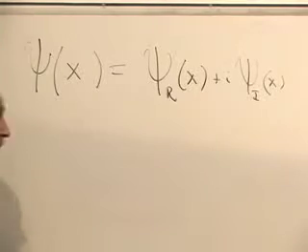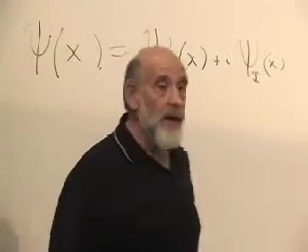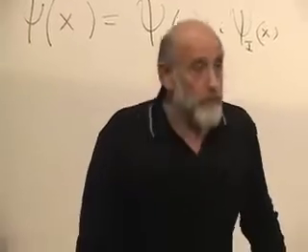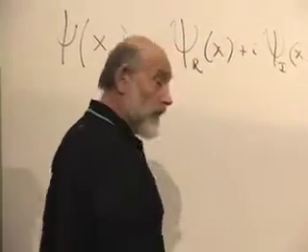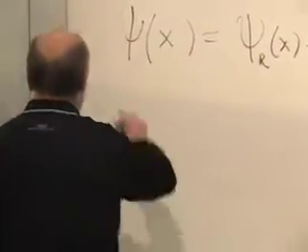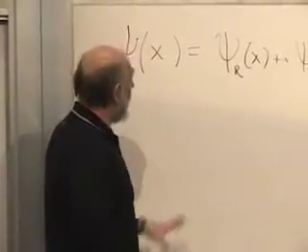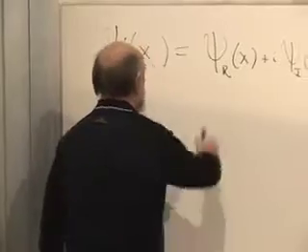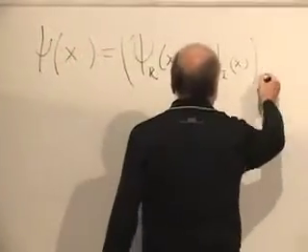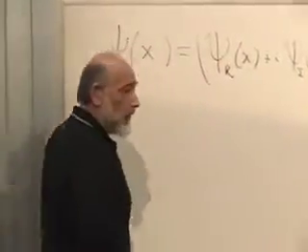Okay? These form a vector space. Why? You can multiply them by numbers, and you get new functions. You can multiply them by complex numbers. If I take a complex function, psi of x, and multiply it by any complex number, say alpha, I get a new complex function, number one.